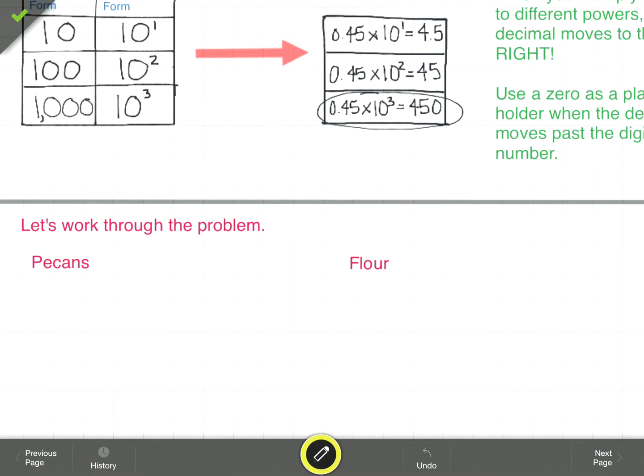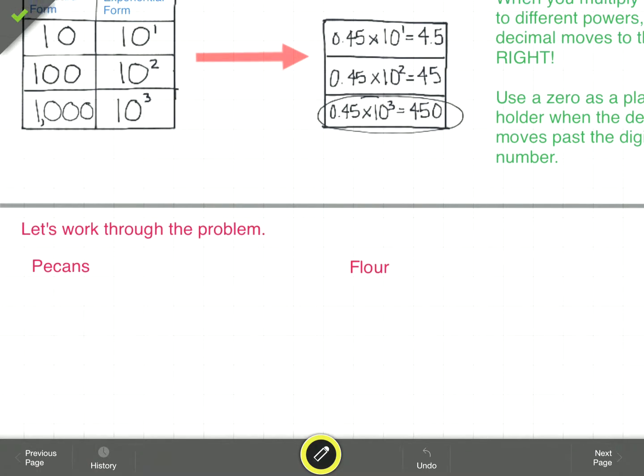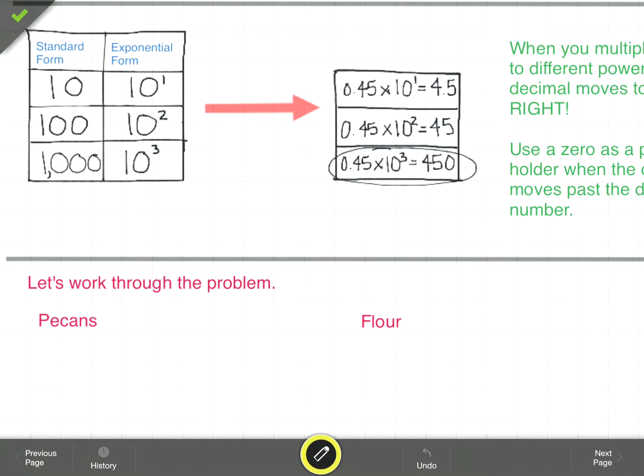So for pecans, we need 10 pounds. What is the exponential form for 10? Good. It would be 10 to the first power. We're going to multiply that by the price of pecans, which would be $2.89.